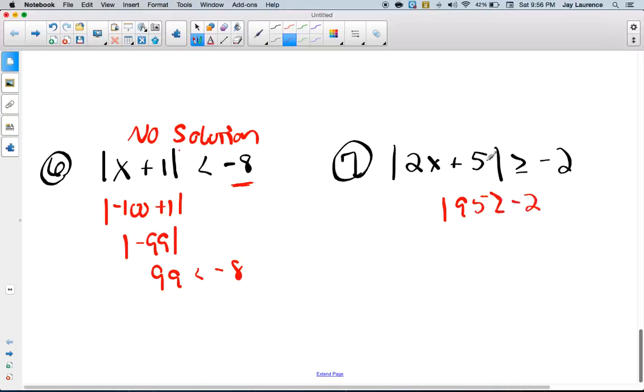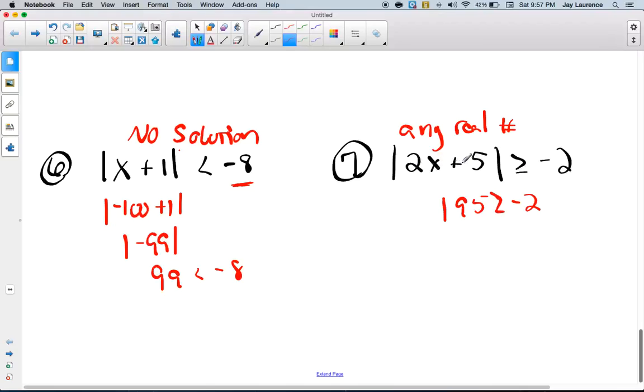Now, what about if I put a really big number in, like a million? Well, 2 million and 5, the absolute value of 2,000,005 is still going to be greater than a negative number, right? This is going to be any real number. This means that any number on the number line will make this inequality true.